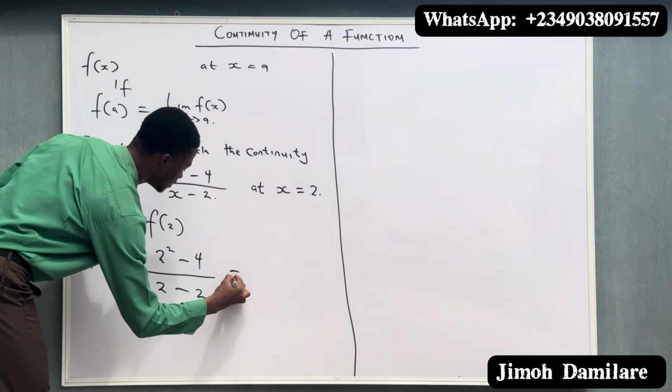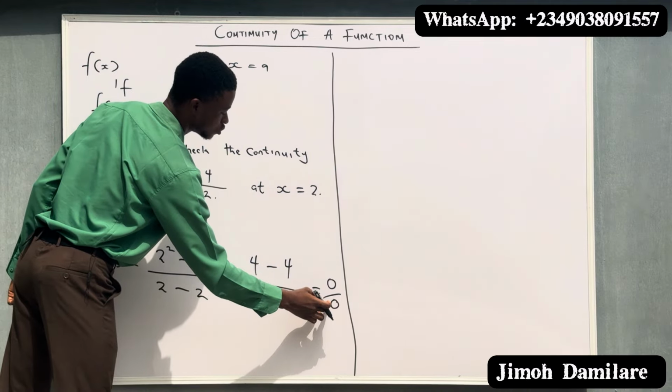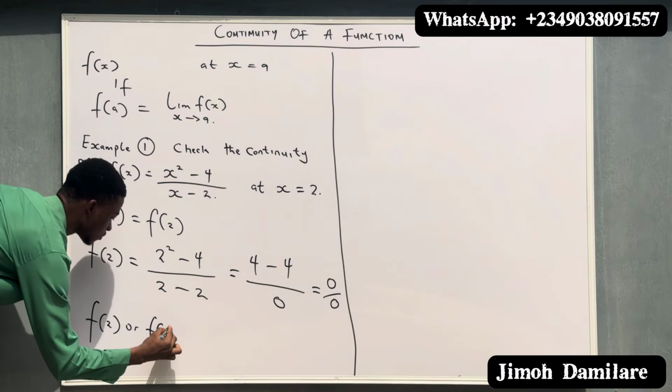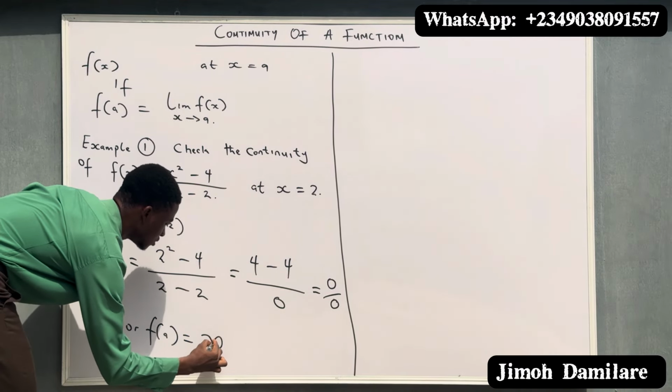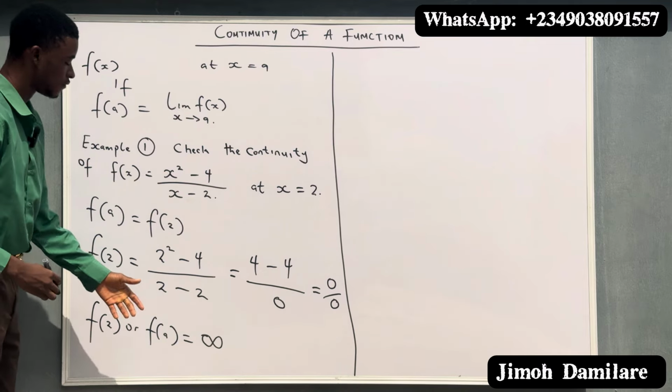So we have 0 over 0. And if we have anything with a denominator of 0, we get undefined as our answer. So we can say f of 2, or f of a, is equal to undefined, which is also known as infinity. So this is what we get for f of a.